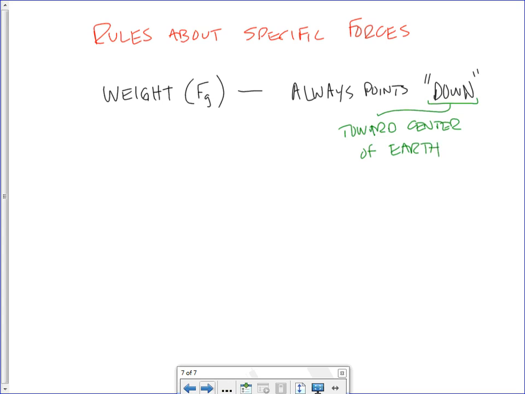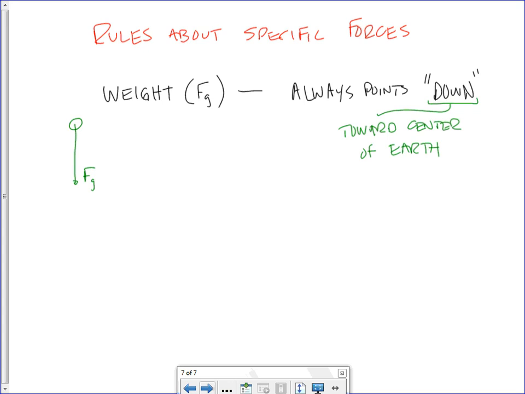There'll be a time when we talk about more macroscopic views of the solar system or the universe, and then we'll talk about what direction the gravitational forces really point. They point in the direction of the net gravitational field, but we haven't gotten to that quite yet. So any and every time you draw a gravitational force, for now, just draw it straight down. Okay? That's one.